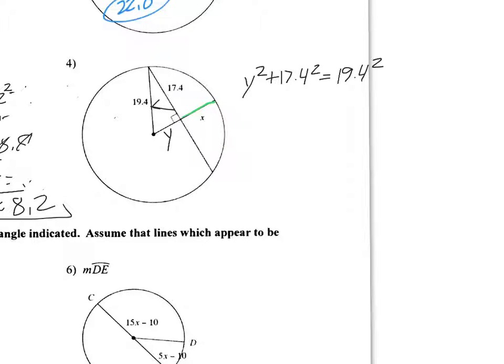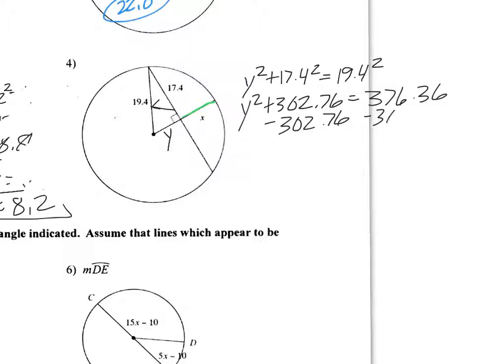I get 302.76. Do 19.4 squared, I get 376.36. I'm going to subtract, and that gives me y squared equals 73.6.